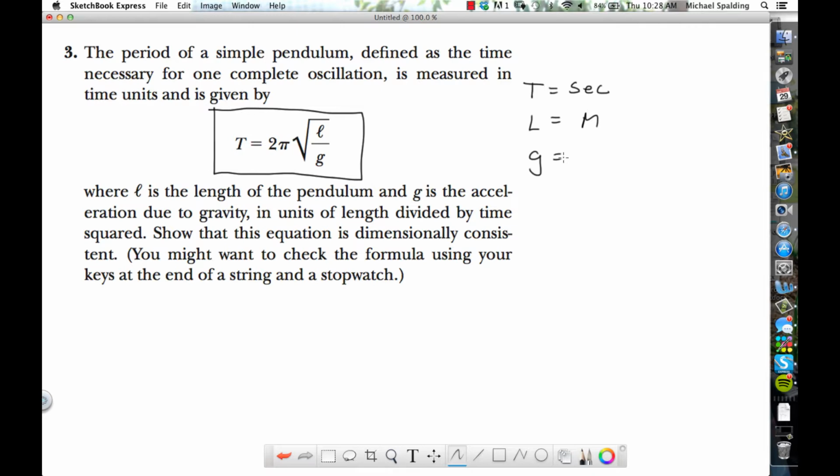The unit for acceleration, does anybody know the unit that we measure acceleration in? Meters per second squared, which we'll talk about tomorrow, because right now I'd say 80 or 90% of you are like, what the heck, man? Because what is second squared? How do you square a second?